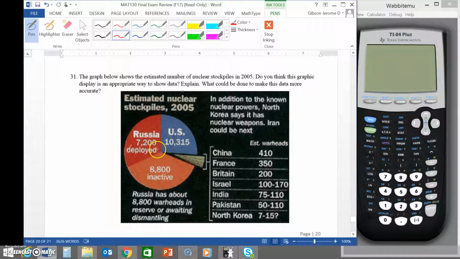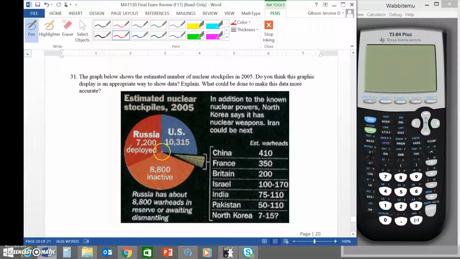Russia has 7,200 here. Now, this is deployed. This is inactive. But what's interesting is the United States has a larger number than Russia's deployed or inactive, but their slice of the pie is much larger. So that is misleading.